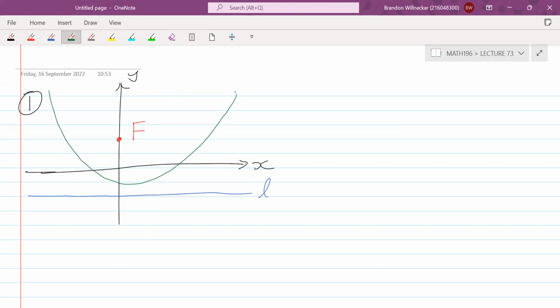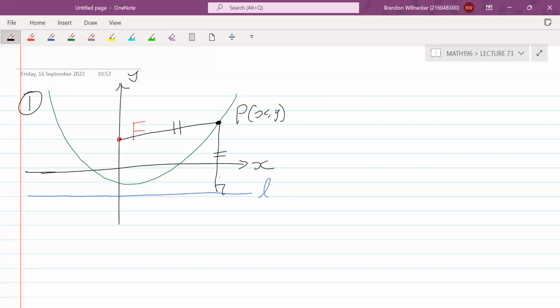The definition in terms of the focus and the directrix line was that if we take this distance from the focus to the curve, let's say at some point P given by x, y, and then we take the distance from that point P down to the directrix line, these two distances are the same.